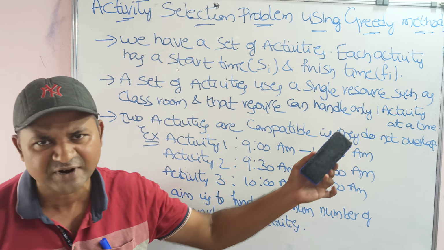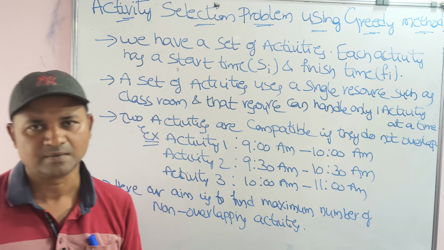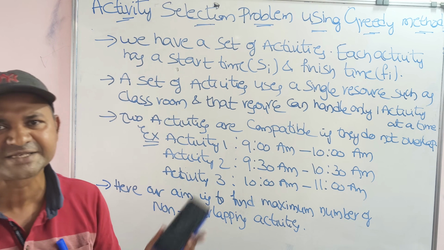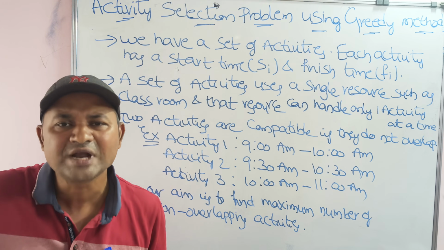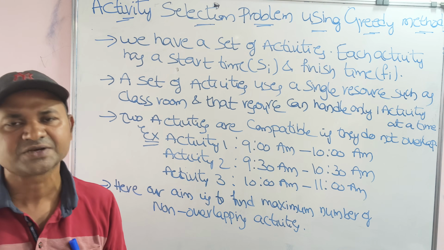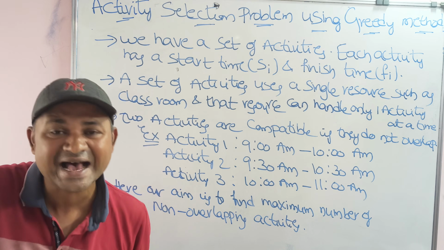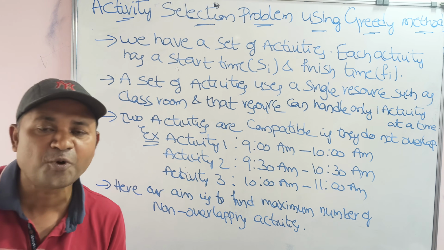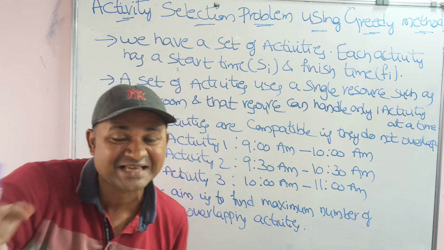The best example for the resource is a classroom or a lecture hall. But here the problem is the resource can handle only one activity at a time. We can conduct only one class in a classroom. It is not possible to conduct more than one class in a classroom.